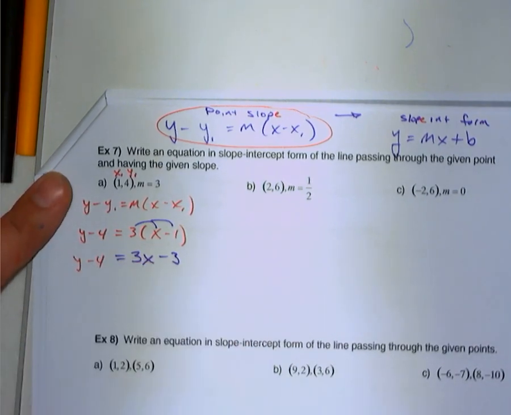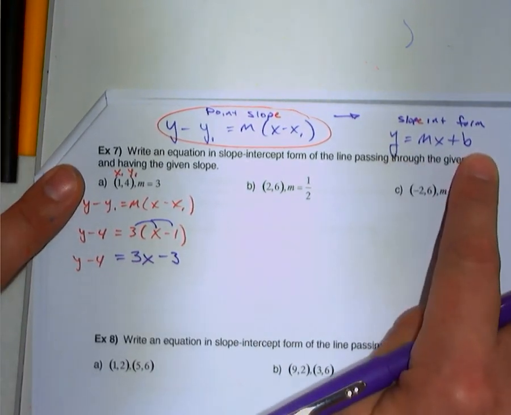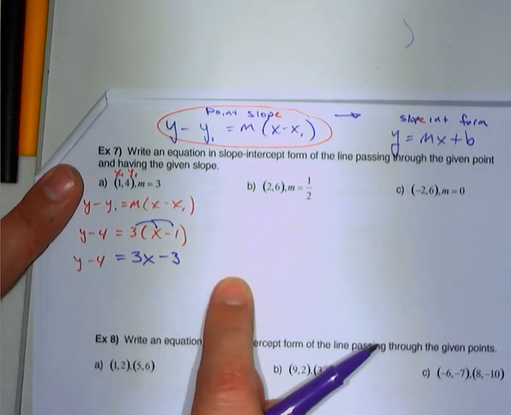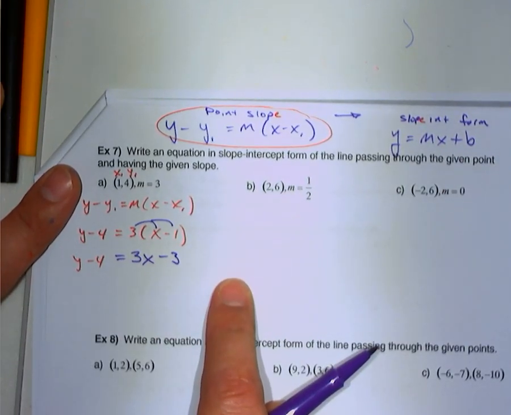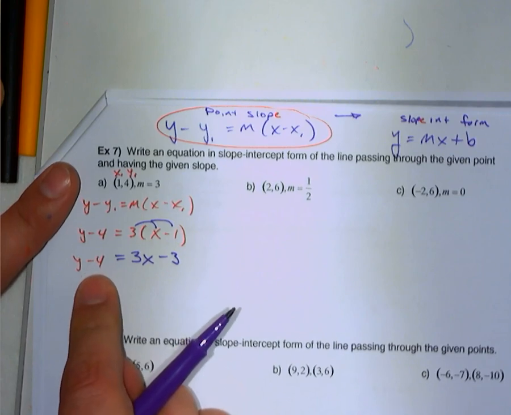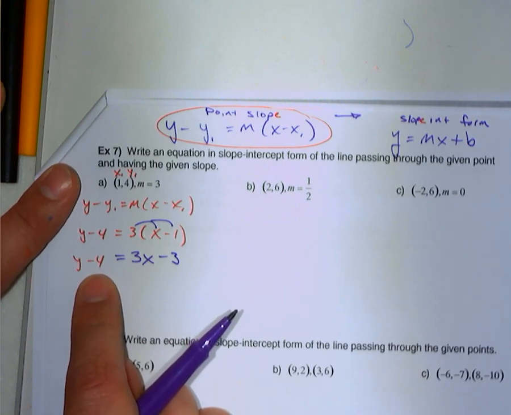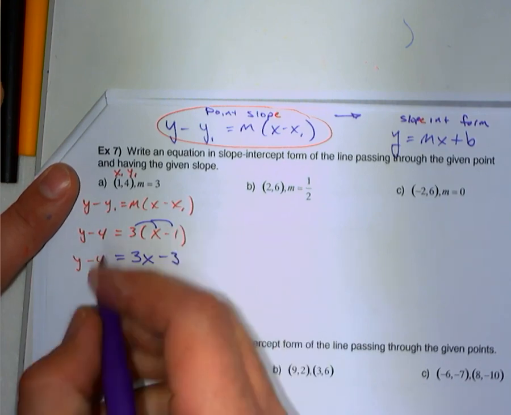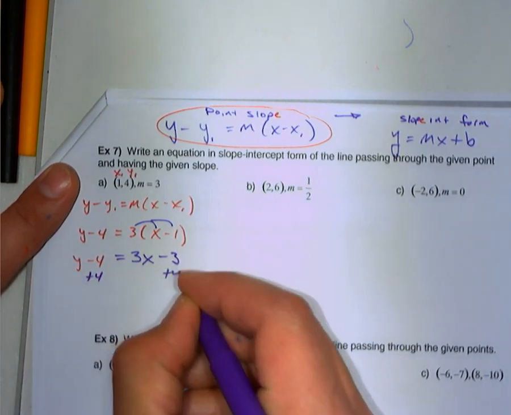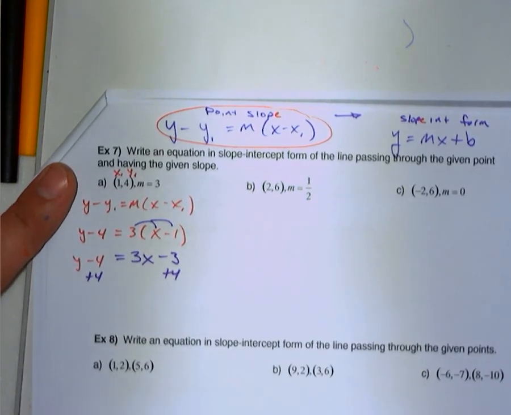Again, remember, we want y equals mx plus b, not y minus 4 equals mx plus b. We got to get rid of this minus 4. Well, what's the opposite of minus 4? Ivan? Plus 4. Yeah, you're adding 4 to your like terms, so your constants, the ones without the x's.